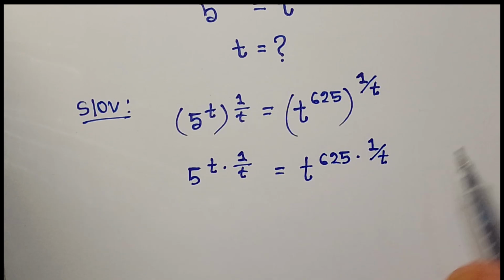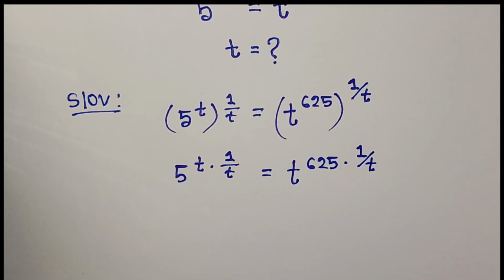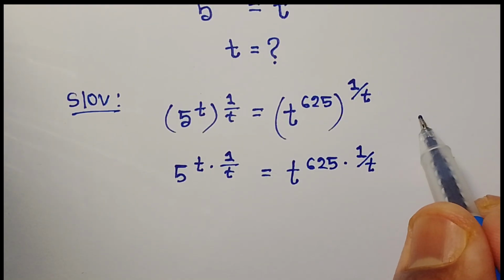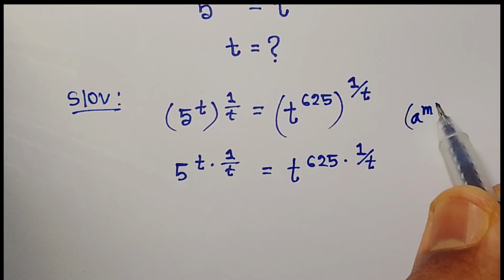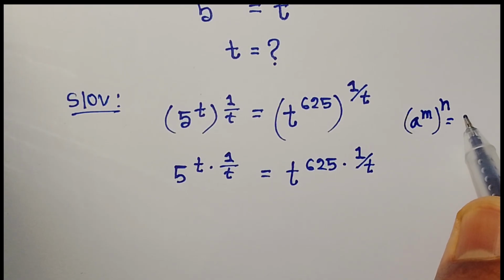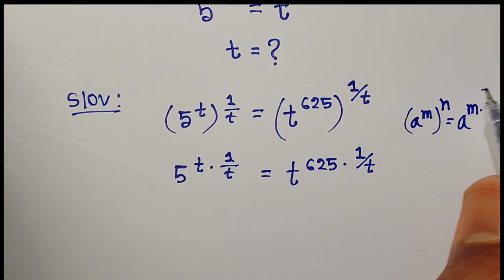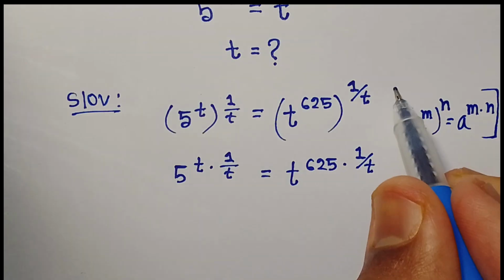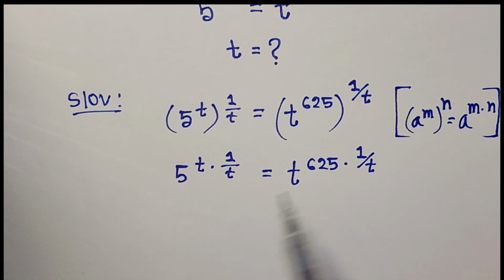Here we use an exponential math formula. The formula is (e^m)^n = e^(m×n). This formula is very useful to solve this math.